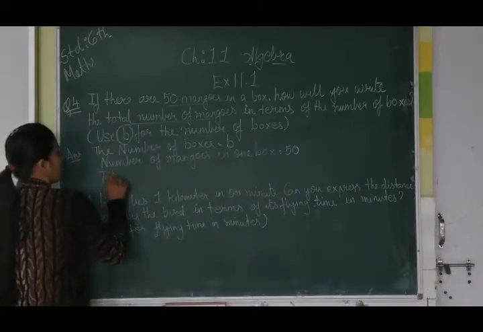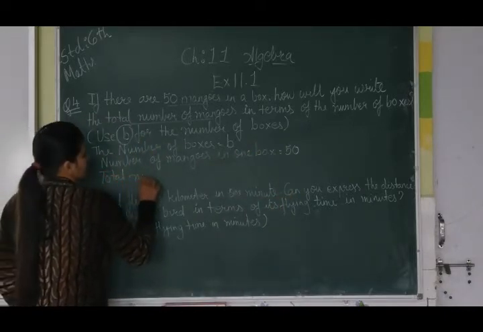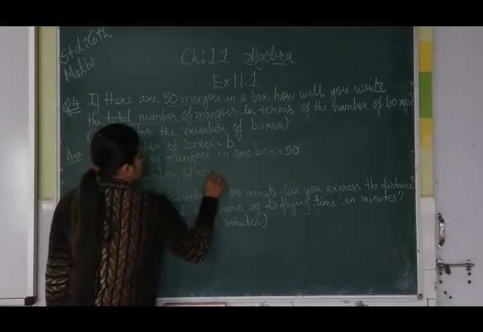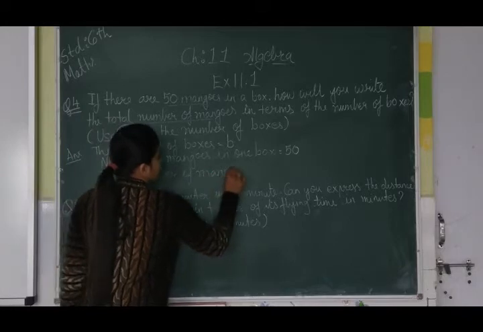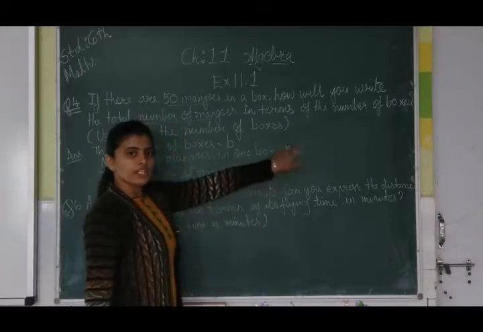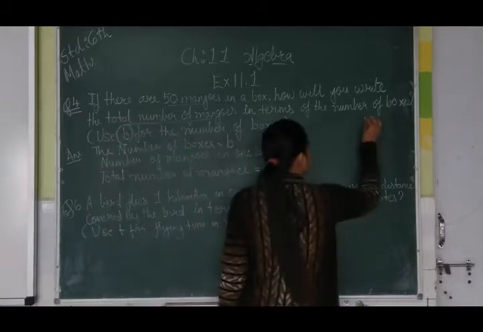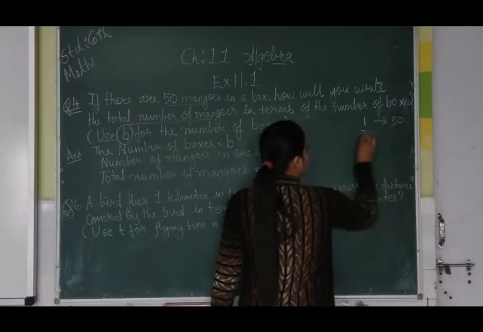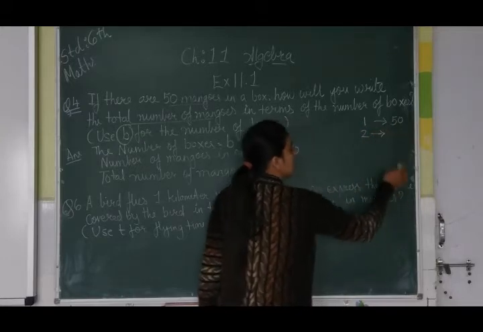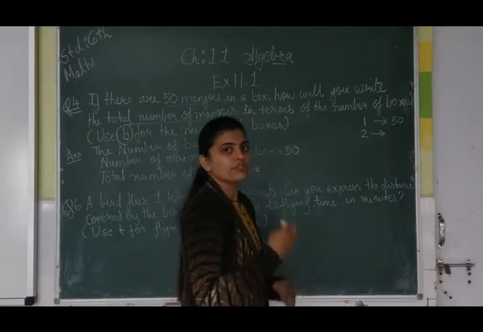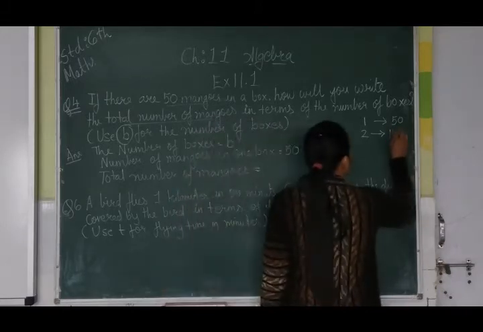So total number of mangoes, how much will it be? In one box there are 50. Now if two boxes are there, how much will it be? It will be 50 and another box again 50. 50 plus 50, it will be 100.